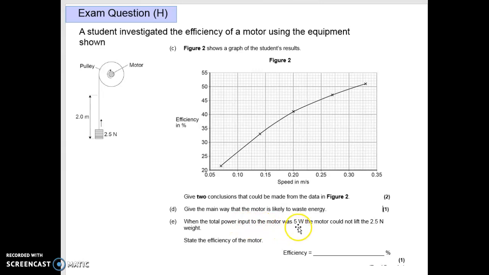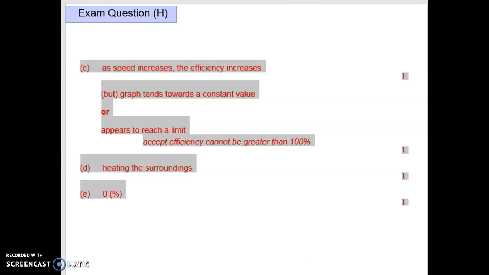When the total power input was 5 watts, the motor could not lift the 2.5 weight. What is the efficiency of the motor? Okay, so let's go through our answers when you've had time to calculate that. So have a go. Pause the video at this point. Alright, and there you go.